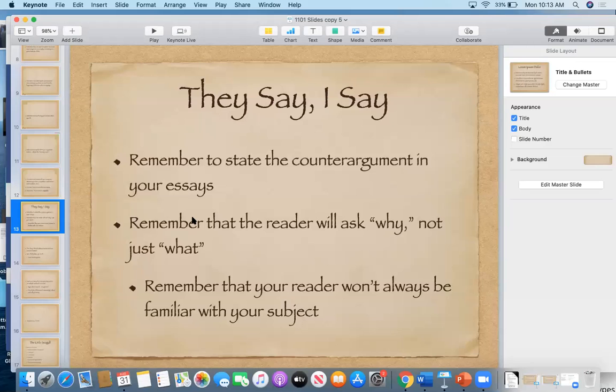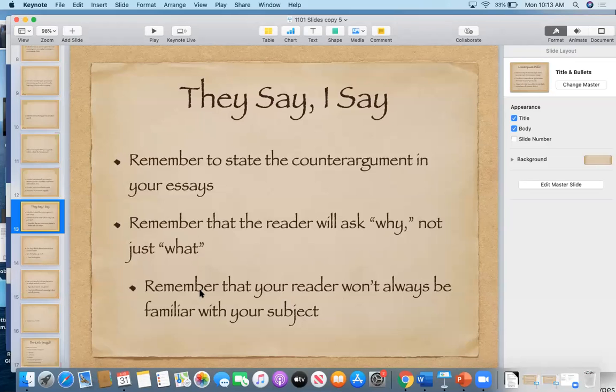And remember that the reader will ask why, not just what. So in other words, why is your field important? Not just what. Or if you're doing the first essay on social media's impact, you could say, why is this important? Because where are we going in the future? It might get worse or better in the future. But you're not just talking about what social media's impact is, but why is it important?